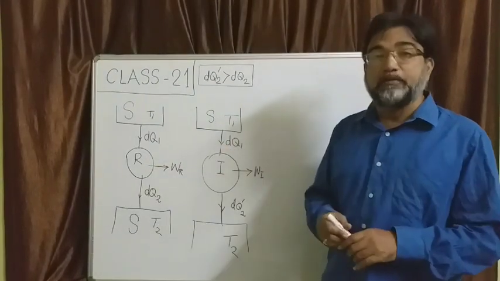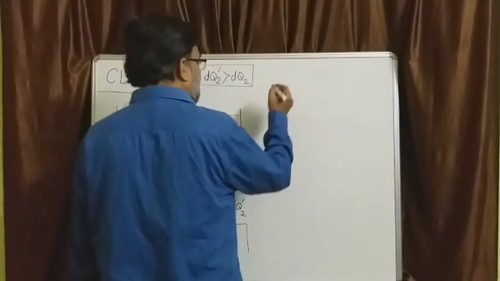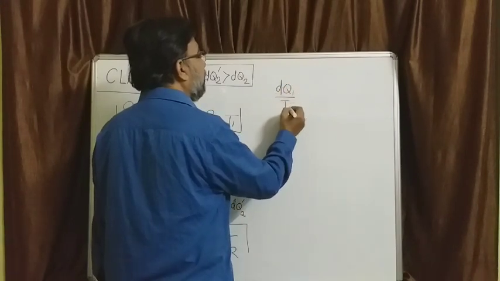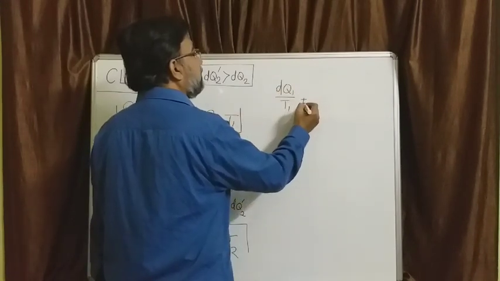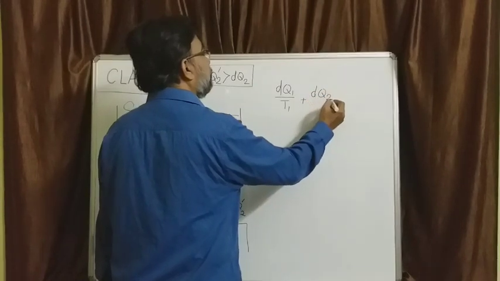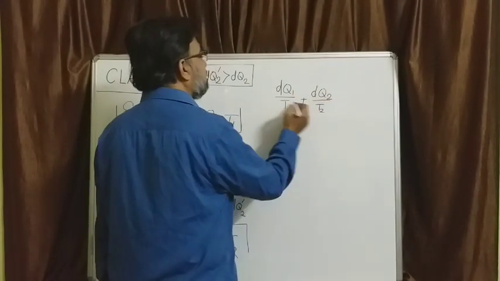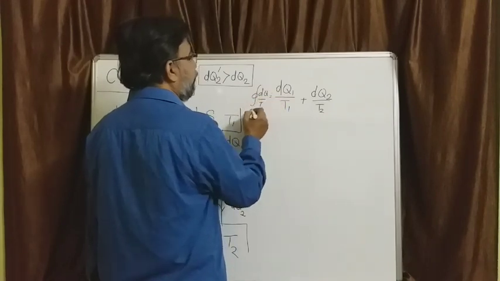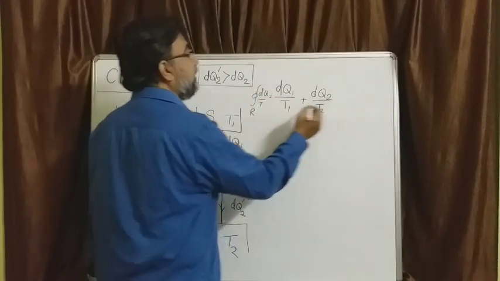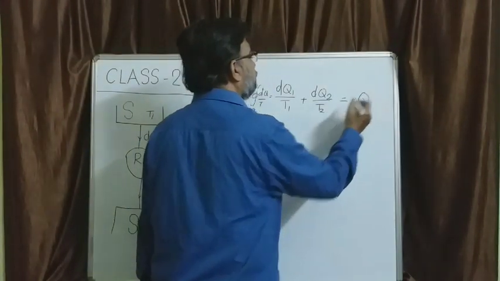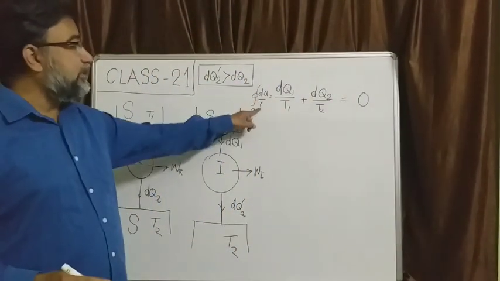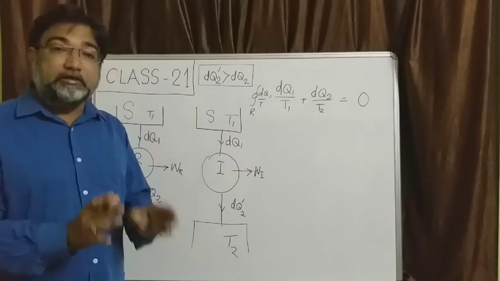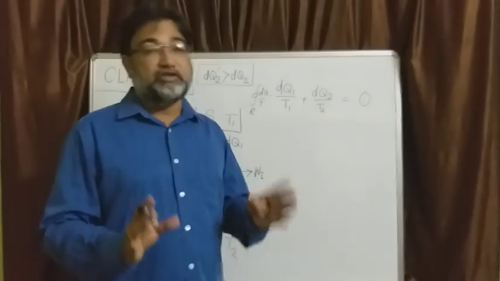So first the reversible cycle. For the reversible cycle, dq1 by T1 plus dq2 by T2. What is this? This is the cyclic integral of dq by T for a reversible cycle, which is equal to 0. What is the cyclic integral of dq by T? It is the summation of all the dq by T terms involved in that particular cycle.